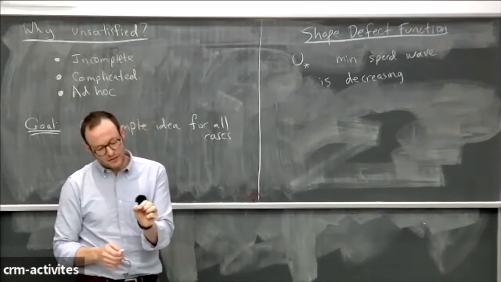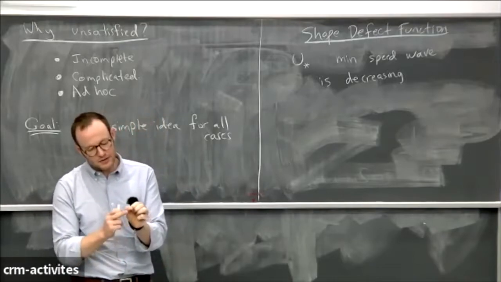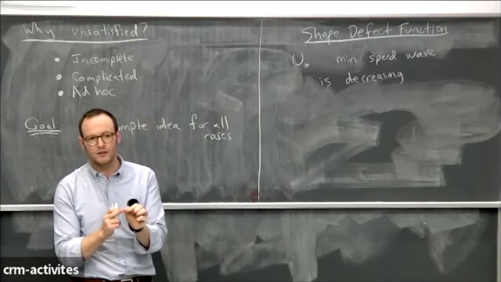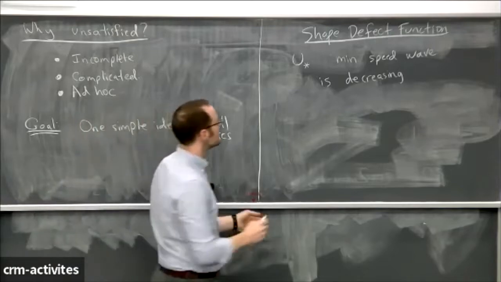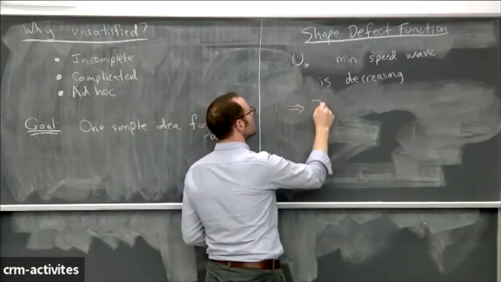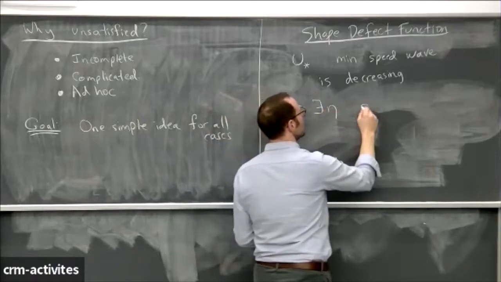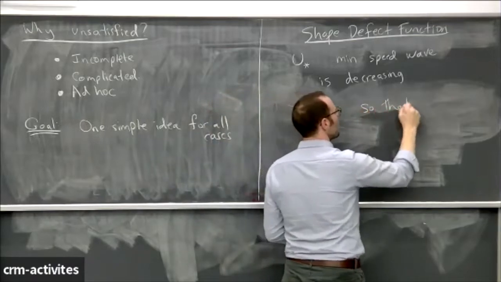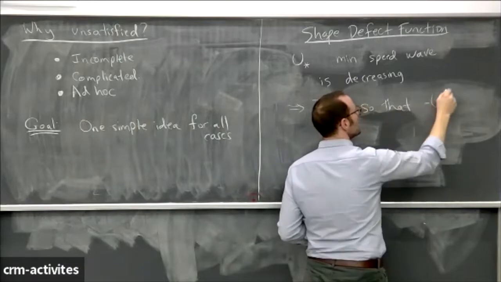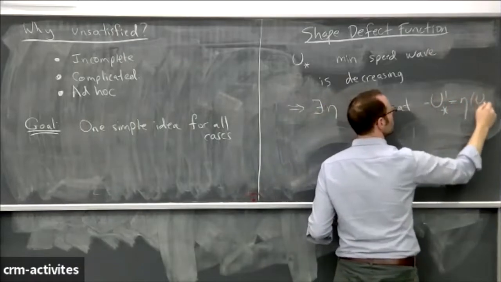Which means that for every level set, there is exactly one value of the derivative of u. So this tells me that there exists eta so that U star satisfies this first order ODE.